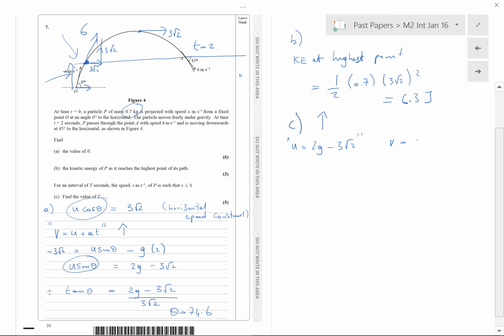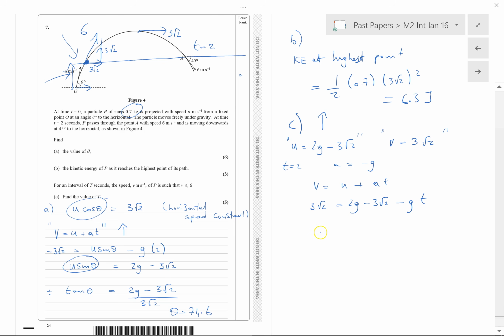And then v is equal to 3 root 2, and we want to find t. We know the acceleration is minus g. So if we apply v equals u plus at, the final velocity vertically, 3 root 2, is equal to the initial velocity, 2g minus 3 root 2, minus g times t.